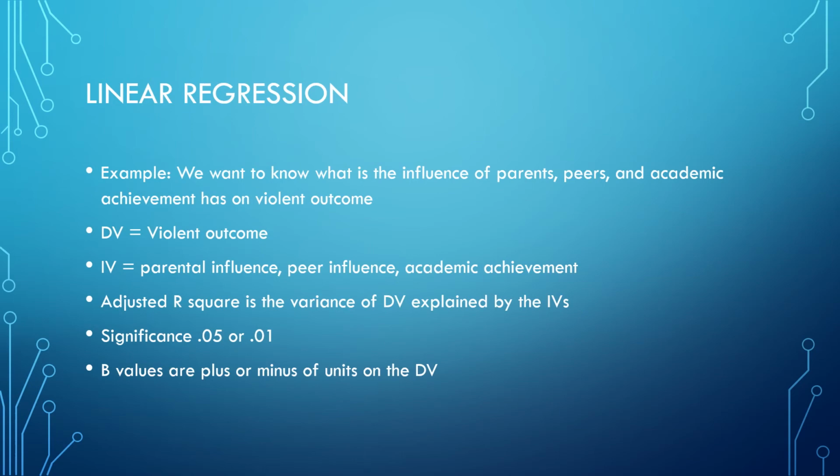So what that would tell us is that for every 1 unit of parental influence, there was a positive relationship of unit increase of 0.23 units of violent outcomes. And the same could be concluded for peer influence and academic achievement.